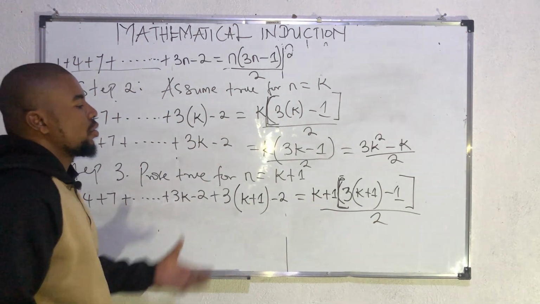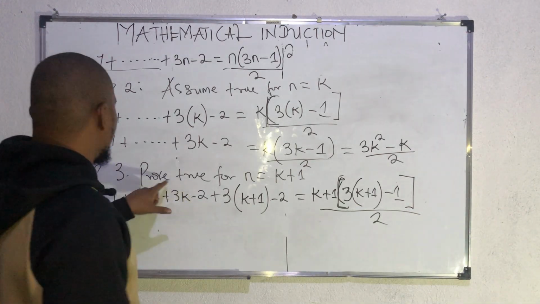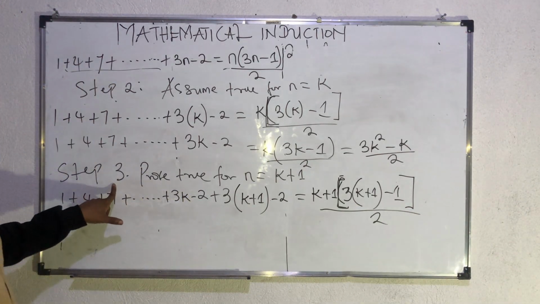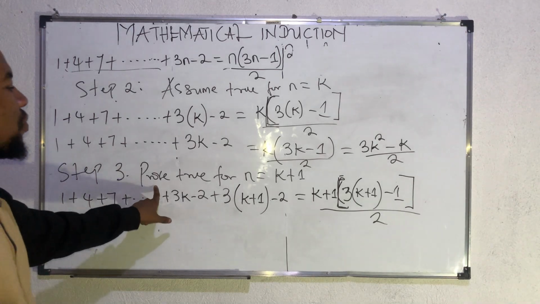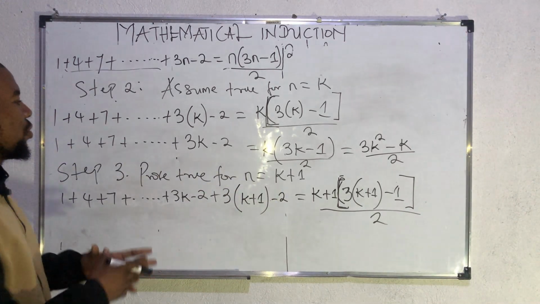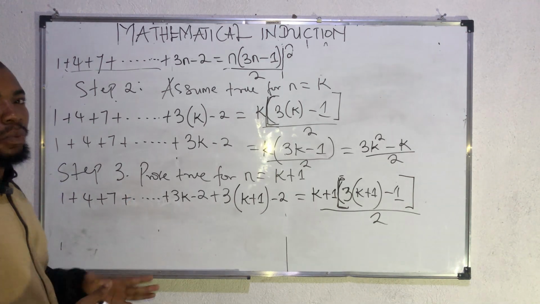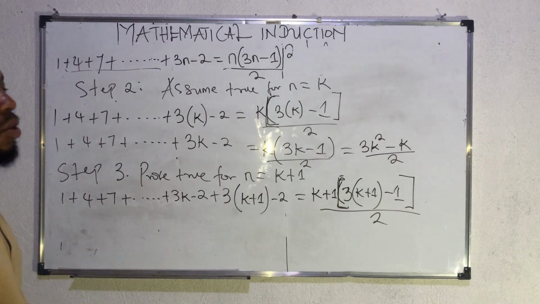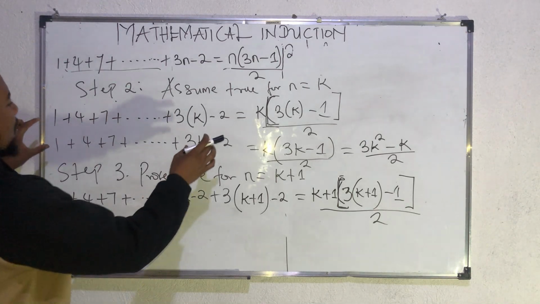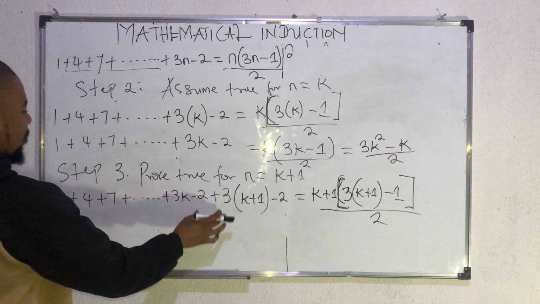Okay. So remember the technicality here. I said once you get to your inductive step, which is the third step where you prove for n equal to k plus 1, it is a bit technical. So you have to make sure that you work it out perfectly to avoid mistakes or wrong answers. So simply copy down your assumption step, bring it down.